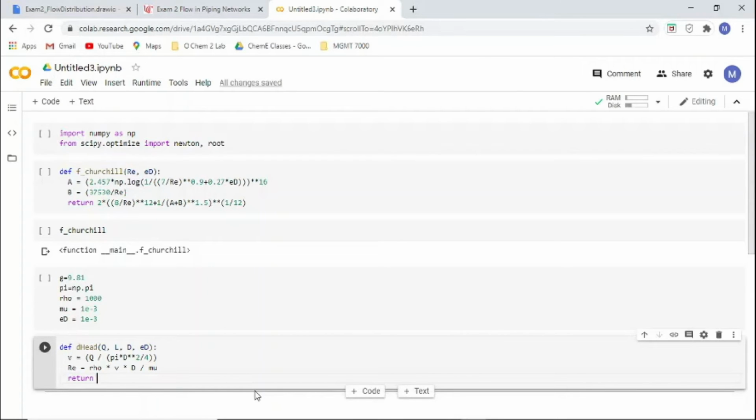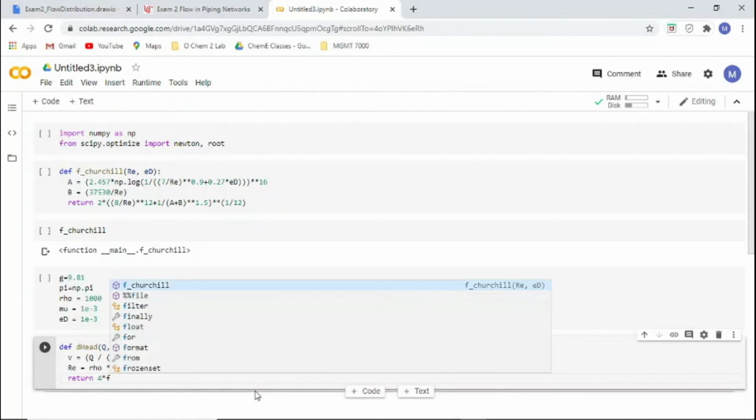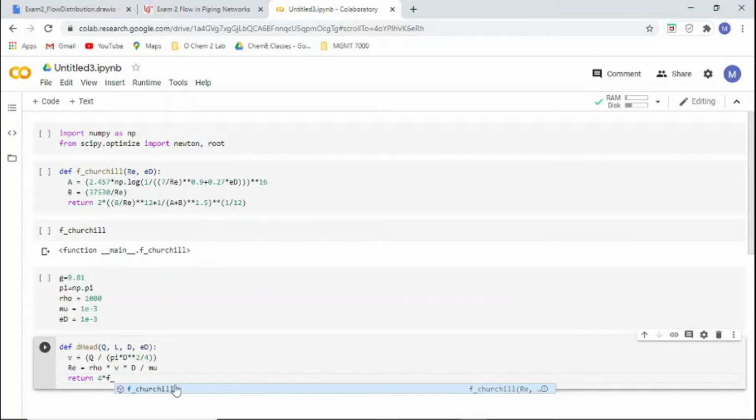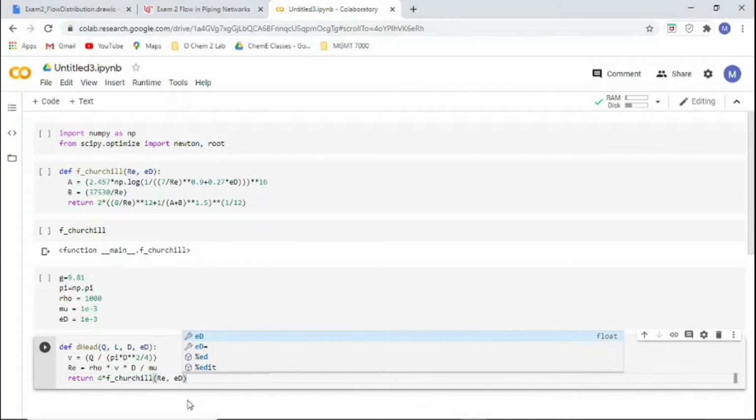So return 4 times f, that should be lowercase, f Churchill, and we need to put RE, which is the Reynolds number, and ED, which is the relative roughness of our pipe, times the length of our pipe divided by the diameter.